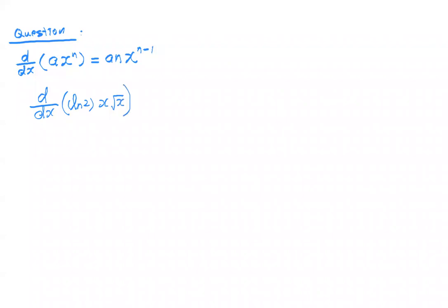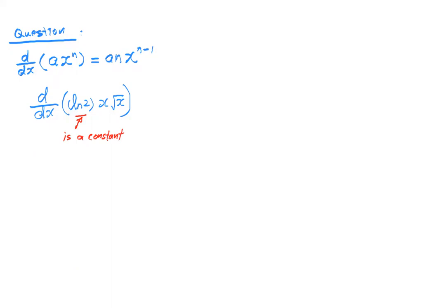Okay, I ask you to find the rate of change of this. So what should I do? First of all, I have to know that ln 2 is a constant. What other constants do you know?